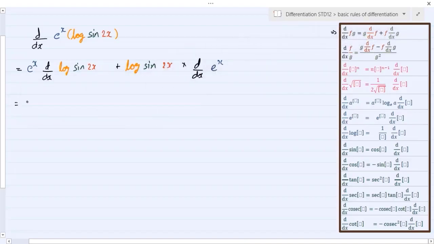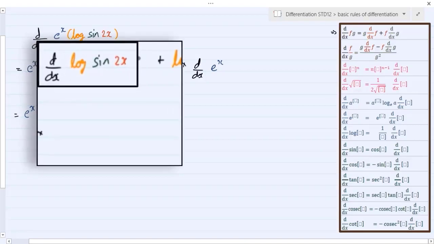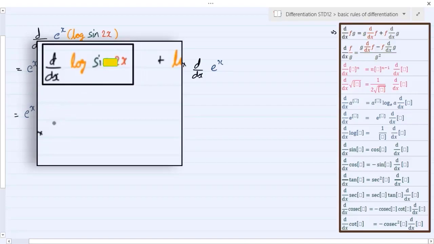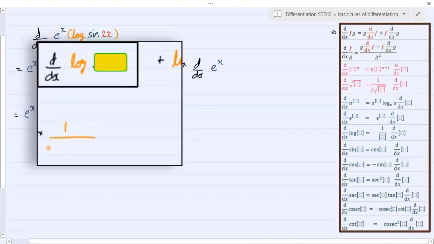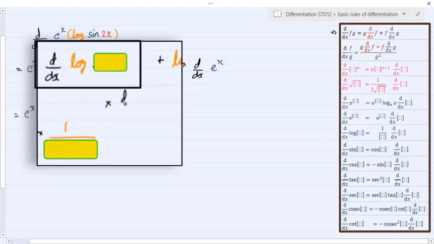Now let's simplify. Your e raised to x is as it is. To differentiate log sin 2x, we have to consider a box around the sin 2x, which is your inner function. So differentiation of log box is nothing but 1 upon box into differentiation of box.